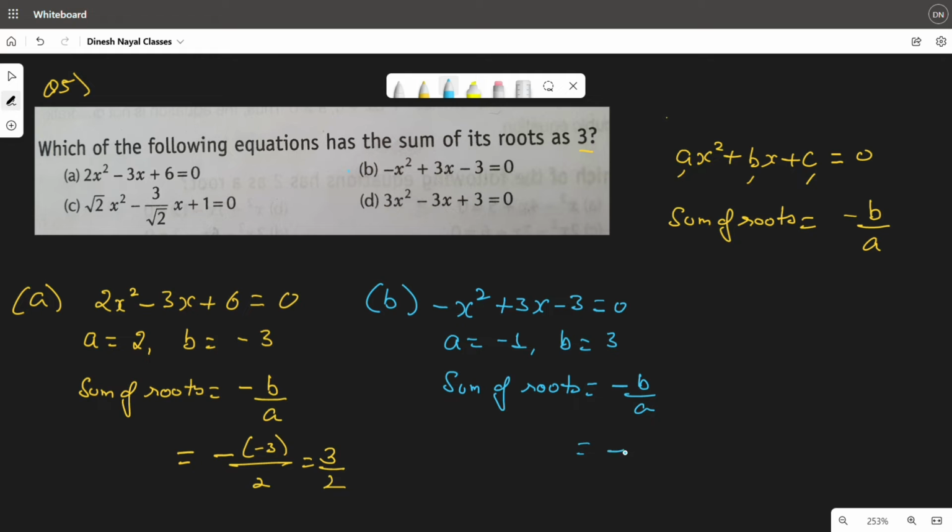So that equals minus, substituting the value of b as 3, a is minus 1. So minus minus will be cancelled, so then it's 3. So yes, B is the answer, because this has the sum of roots as 3. So B is definitely our answer, but we will check the C part now.